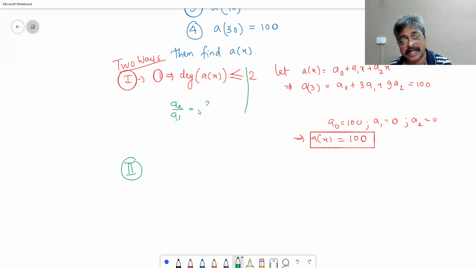Practically, you can get anything here because actually it is 0 upon 0. But then, because you are getting 0 upon 0, you cannot say, because you are getting two distinct ratios, that A1 or A2 is equal to 0.